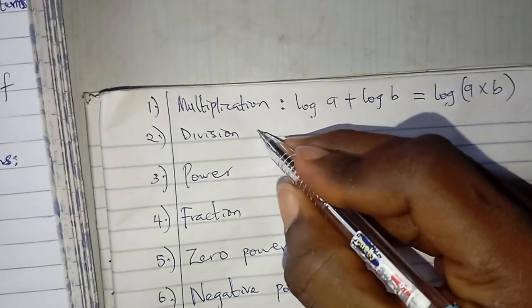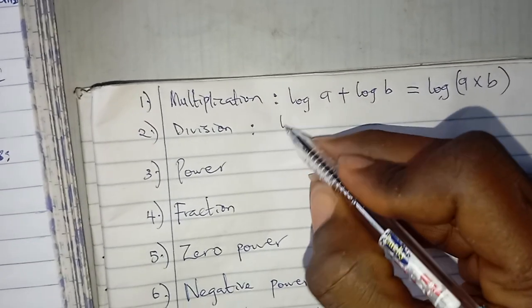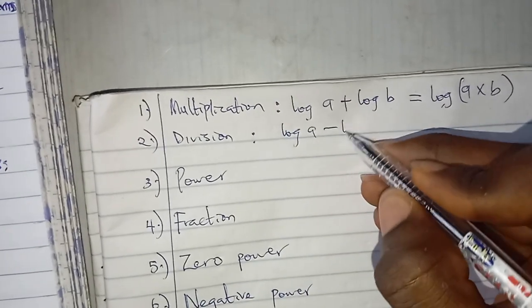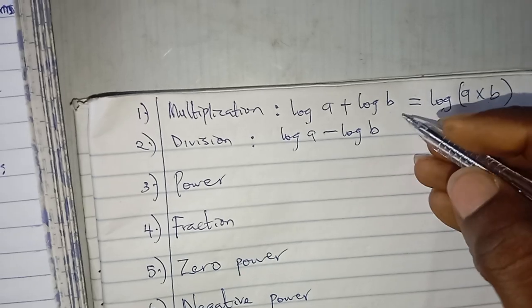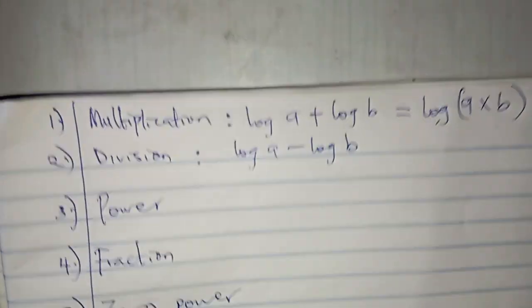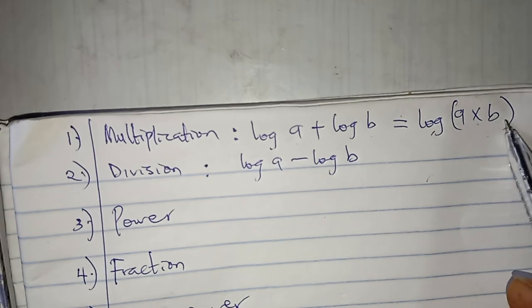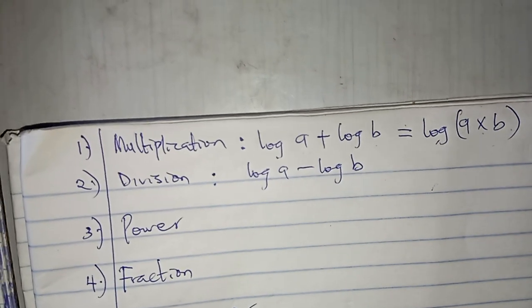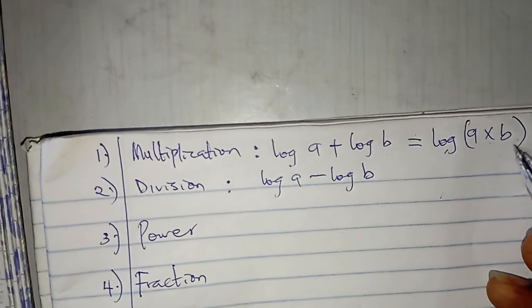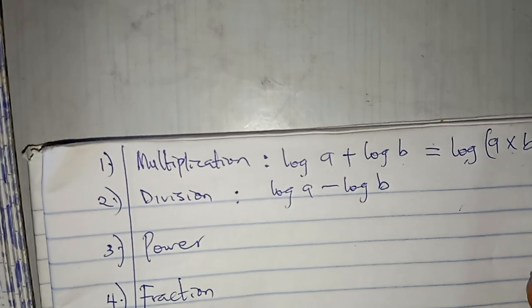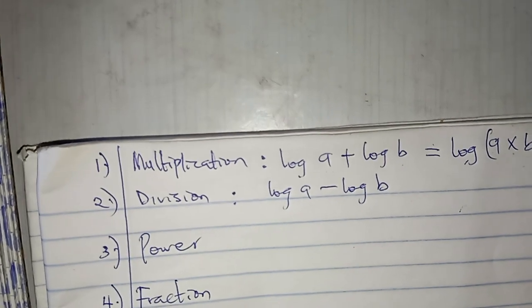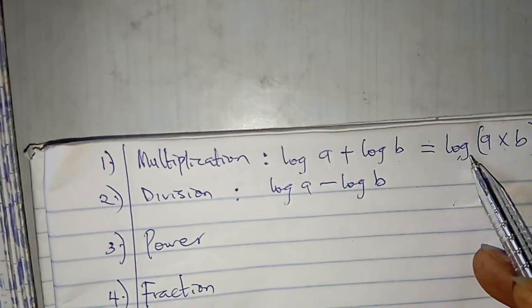So now you know that, that is what you have for the multiplication law. Now for the division law, the same principle. If I have log a minus log b, and notice that there is no limitation, I can see log a times b somewhere, so far as the log is the same.